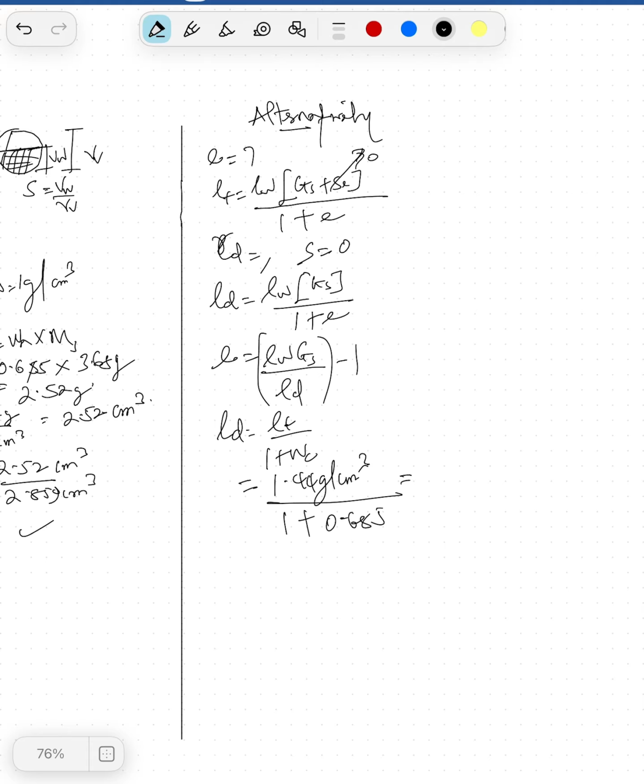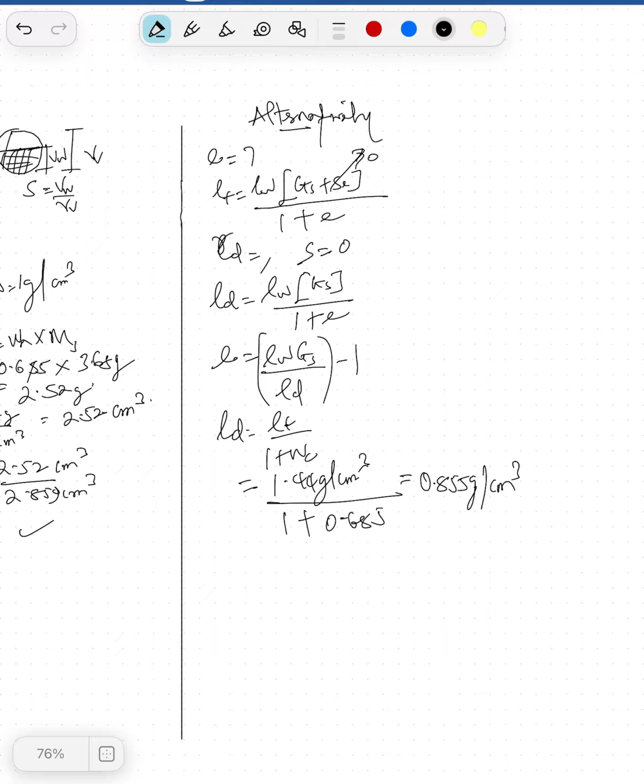So with that, we would obtain 0.855 gram per cm cube. That's the dry density. That is, when you take away water, what is the density? That is the meaning of dry density.